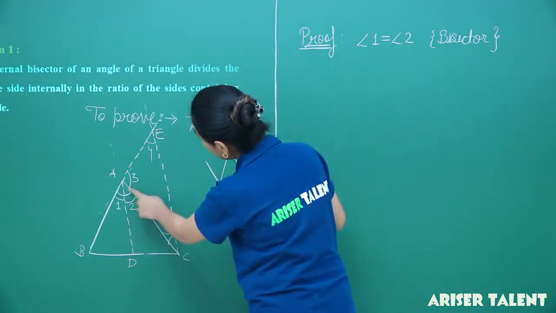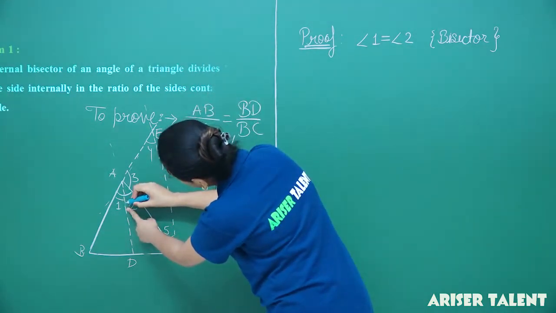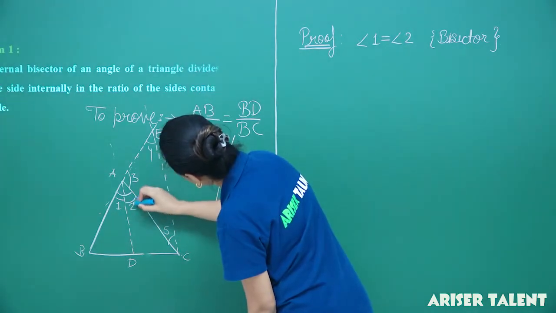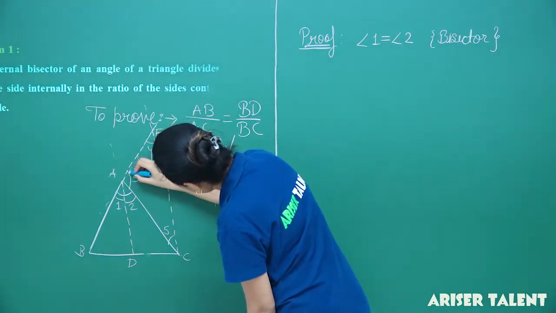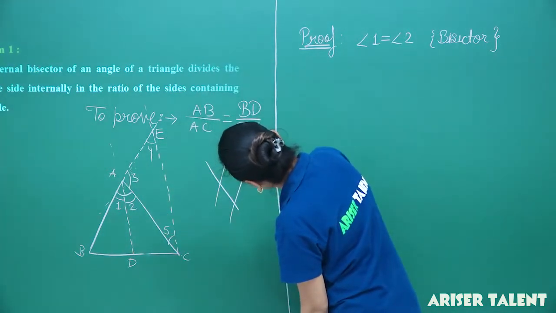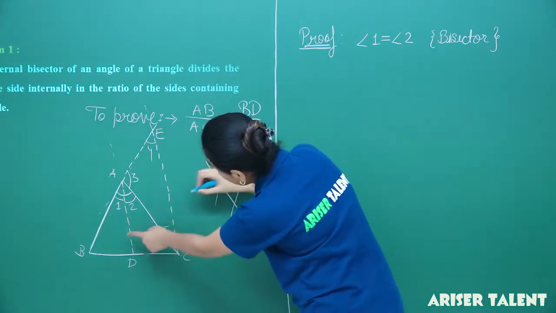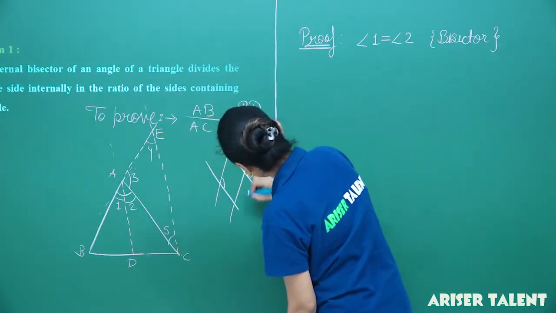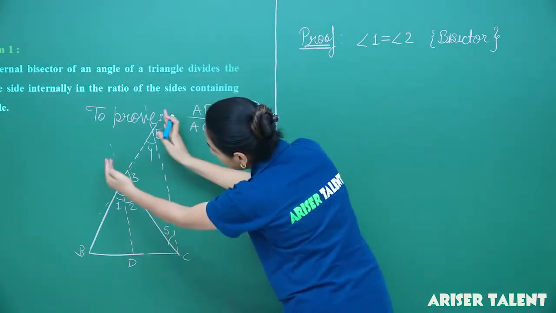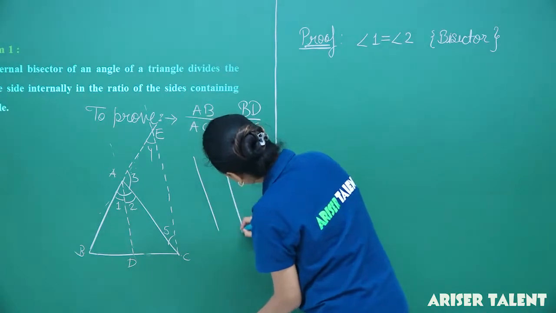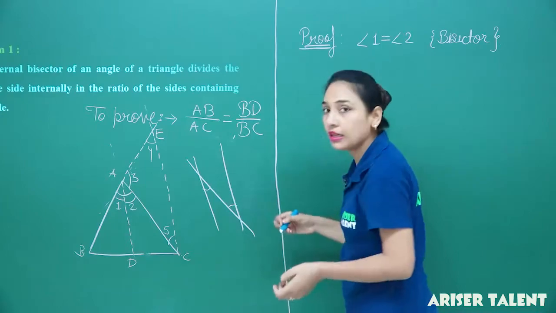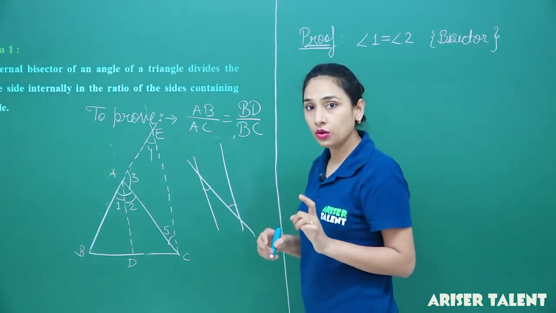Now, you can see that this angle, or you may say angle 2, is equal to angle 5. By construction, if these two lines are parallel and a line is cutting them, then this angle is equal to this angle because of alternate angles.